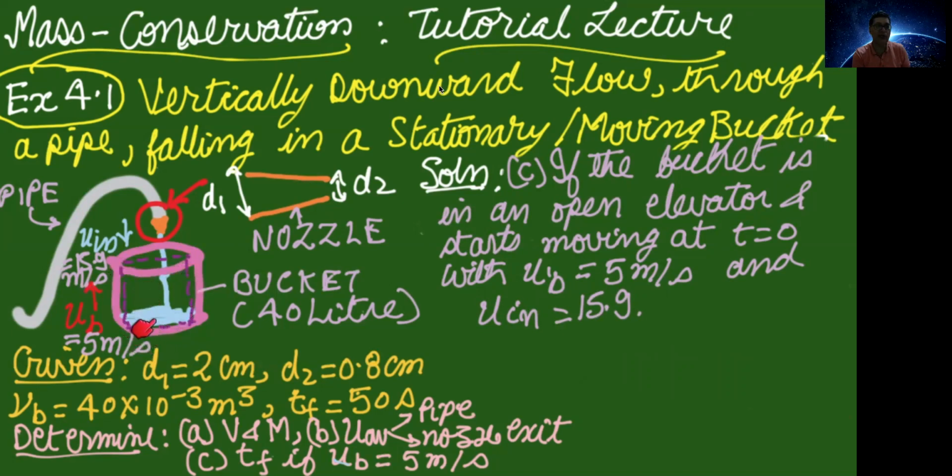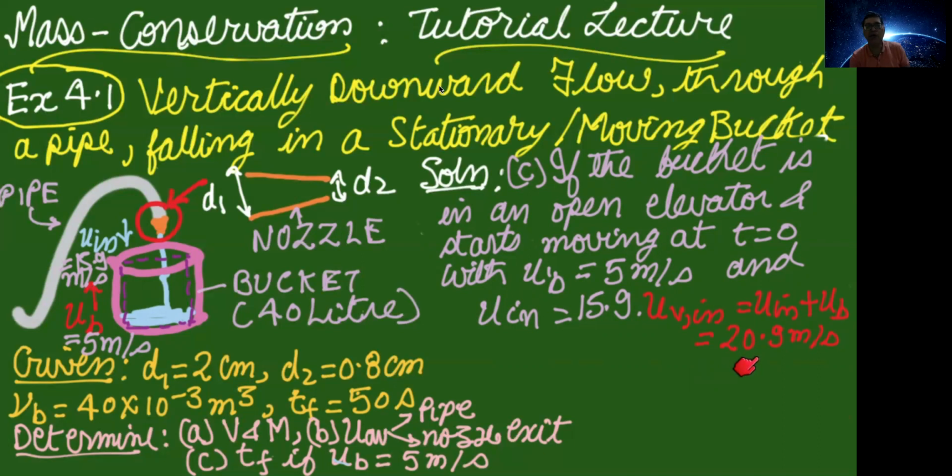When this bucket is moving upward, this control volume is moving upward. So there is a relative velocity with which this water is entering, and that relative velocity is given as the inlet velocity, 15.9 meter per second, plus bucket velocity, because they are moving in opposite directions. So 15.9 plus 5, that is 20.9 meter per second. This is the relative velocity of the fluid entering the control volume.